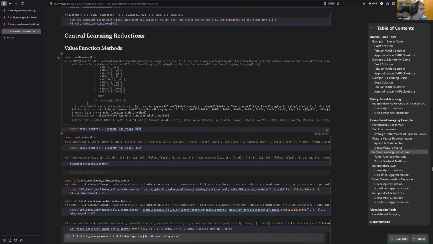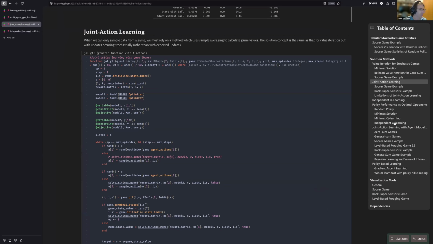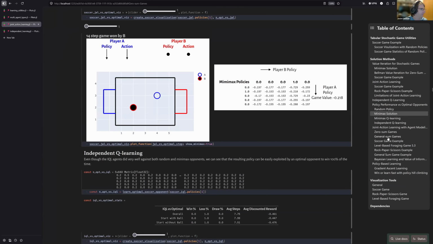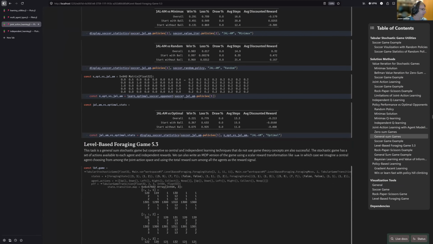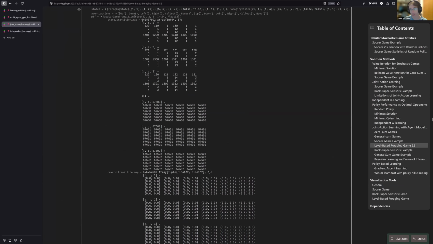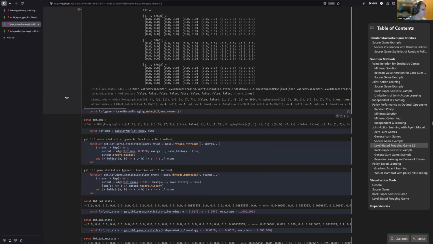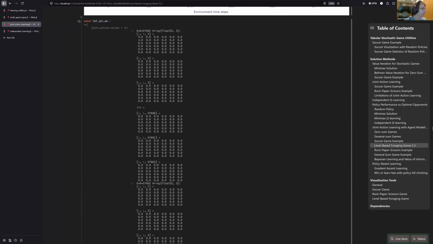So, if we're applying one of these centralized techniques, or if we go back and look at the joint action solution we had for this game, what the book is describing, where this doesn't scale well, is that to have a solution like this, we're going to be learning some kind of function that goes across this joint action space. And it's really the size of this matrix that becomes the problem.